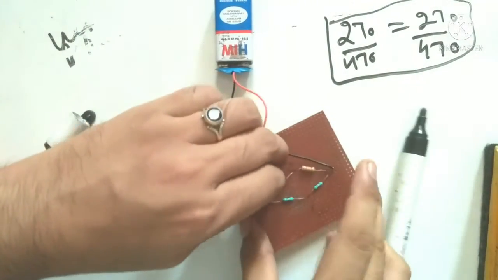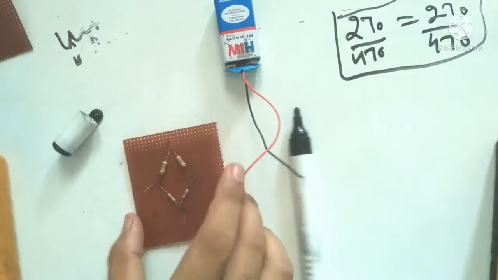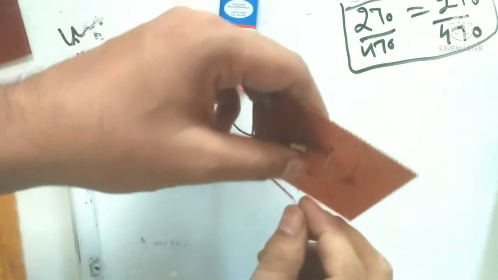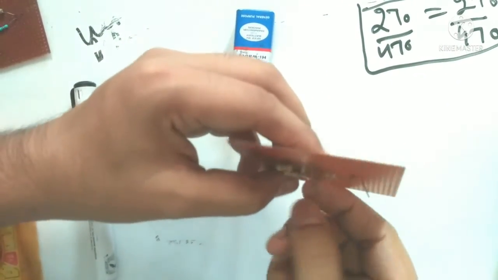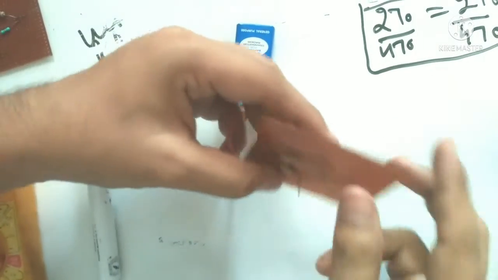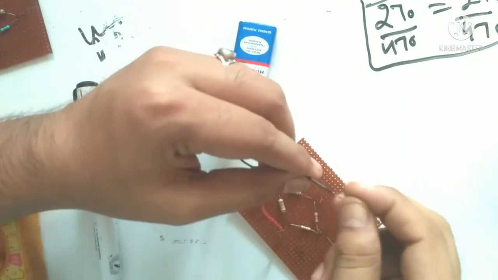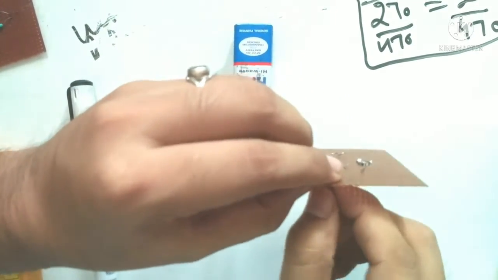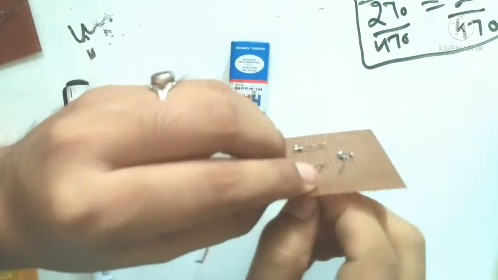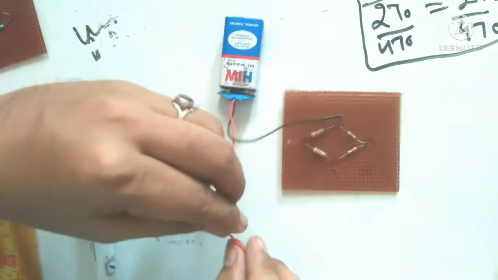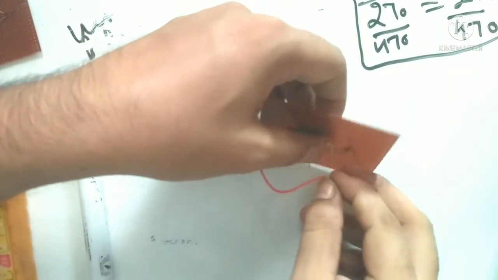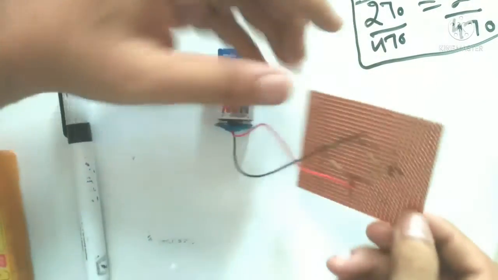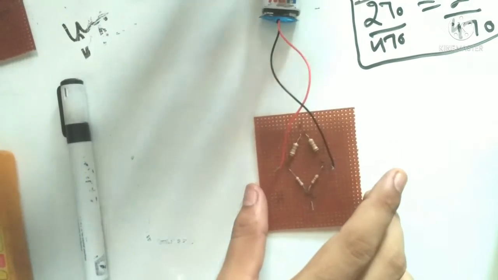So we will remove this circuit and connect this circuit. So students, you can see I have connected this circuit also.